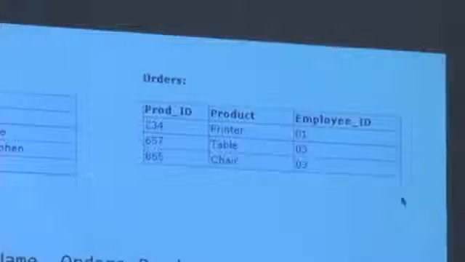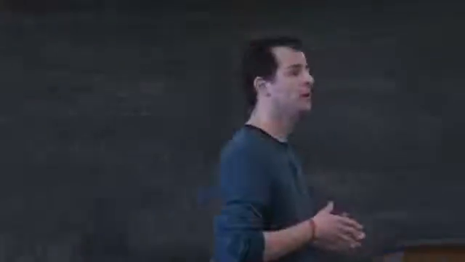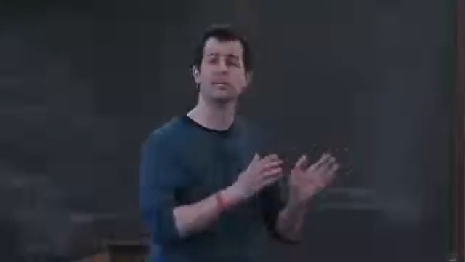And yet the implication of this orders table on the right-hand side is that if we sell another chair, another printer, another table, not only is the product ID going to end up in another row of that table, and that's okay, but so is the name, again and again and again, and it's just not necessary. There's an easy opportunity here to have, as you proposed, a products table, and what fields should probably be in that products table? Exactly, simple as that. So product ID and product name.